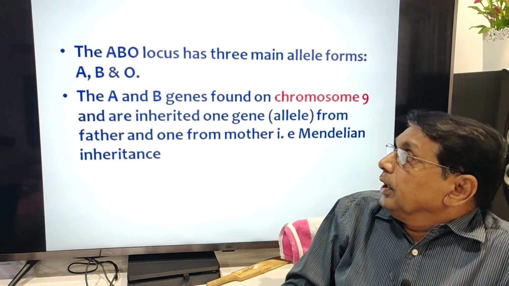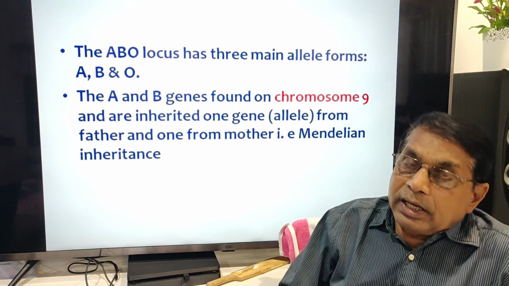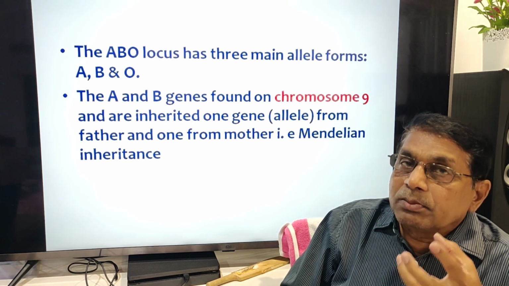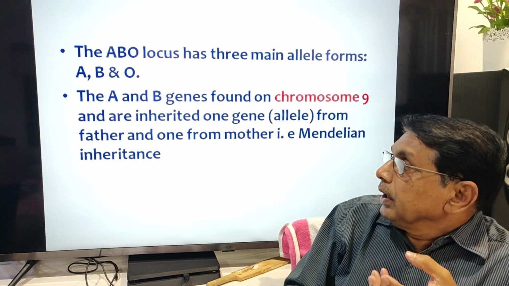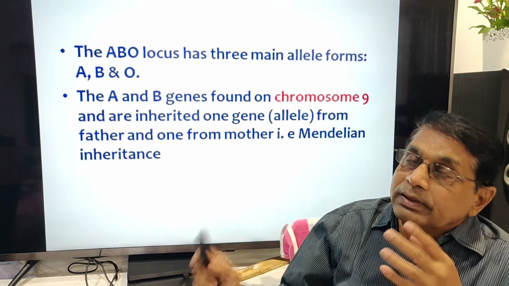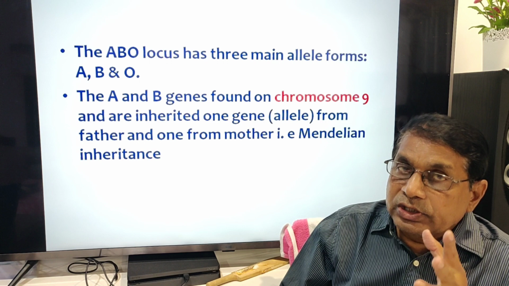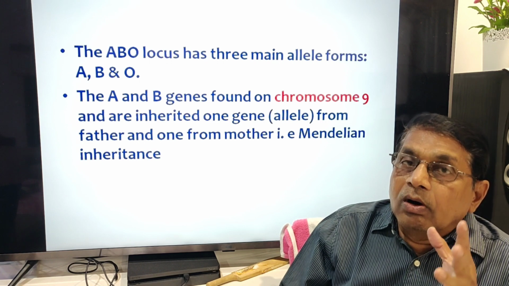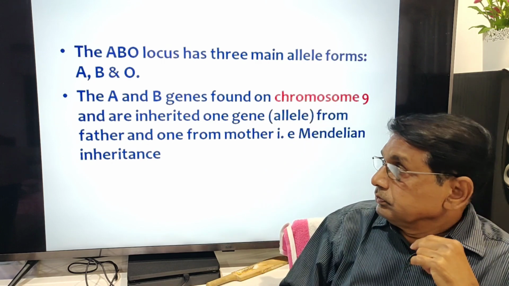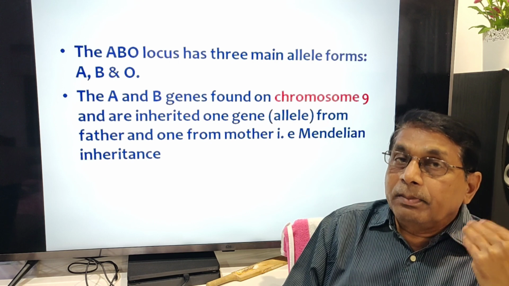Now, the ABO locus has three main allele forms, A, B, O. These three types of alleles decide the blood groups. A and B genes are found on chromosome 9. Remember, important point: these genes deciding the blood types are located on chromosome 9 and are inherited one gene from each parent.